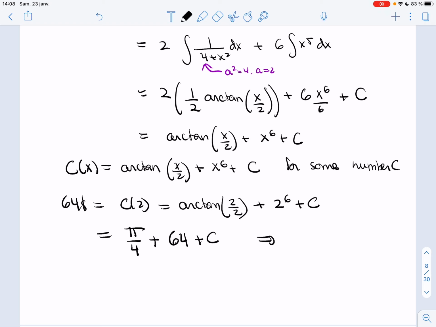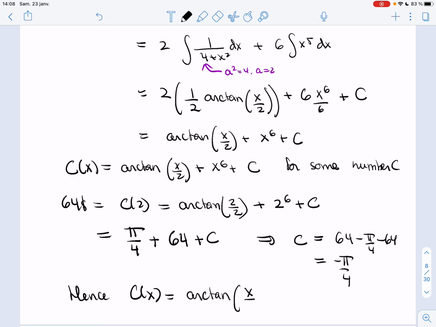And so c equals, well, actually, let me put the whole formula. 64 minus pi on 4 minus 64, so I get minus pi on 4. So my cost function is arctan of x on 2 plus x to the 6 minus pi on 4.